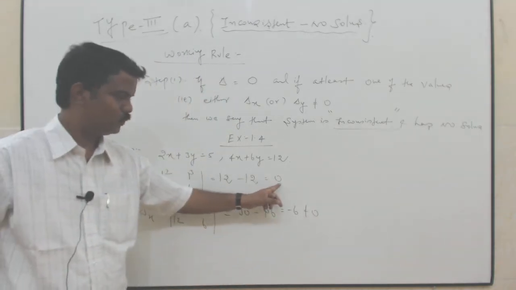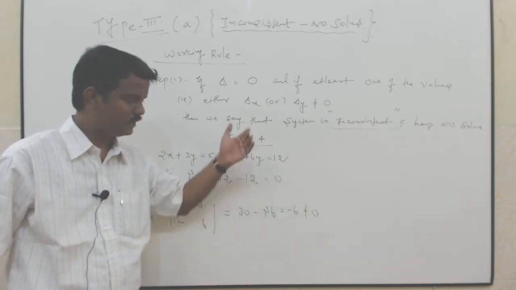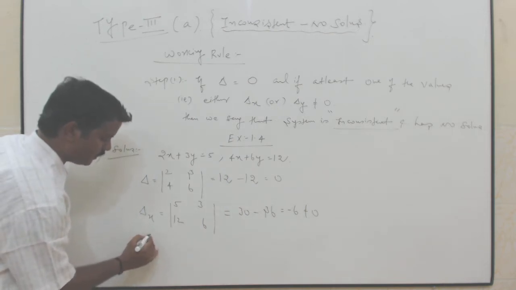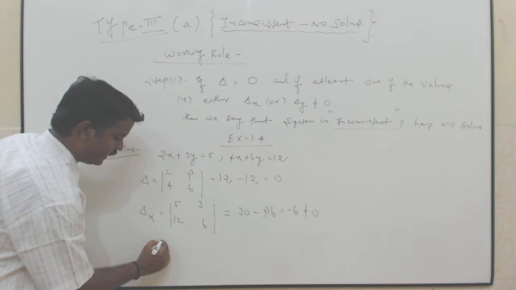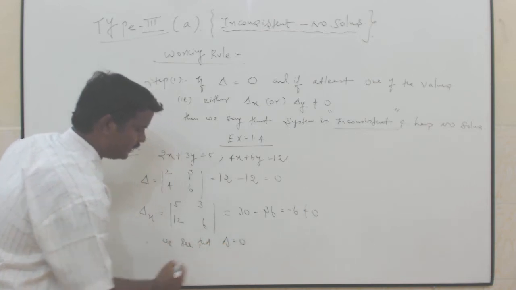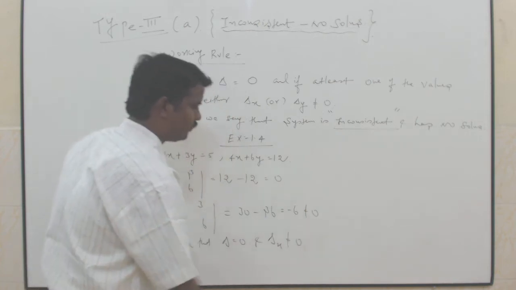Once delta is 0 and delta x is non-zero, you can stop the process. You need not go for delta y, right? So you can stop up to this. Therefore, we see that delta is 0 and delta x is not equal to 0.